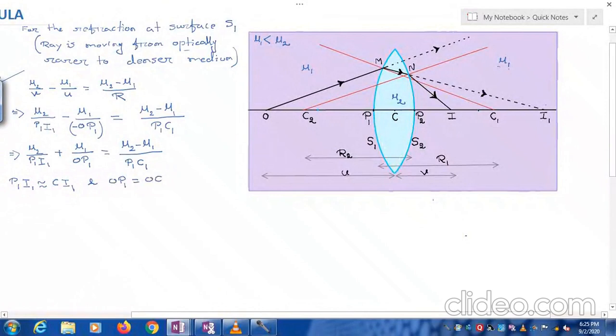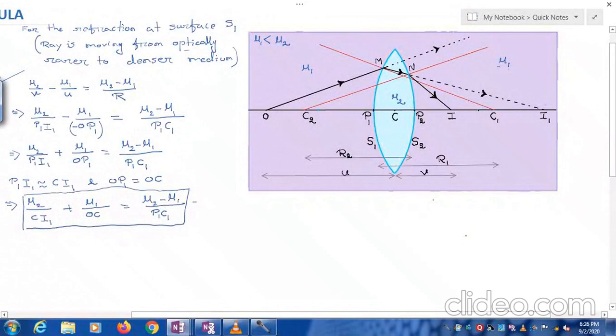Now let us put these values in the above equation. This implies mu2 divided by CI1 plus mu1 divided by OC is equal to mu2 minus mu1 divided by P1C1. So write this as equation number 1.